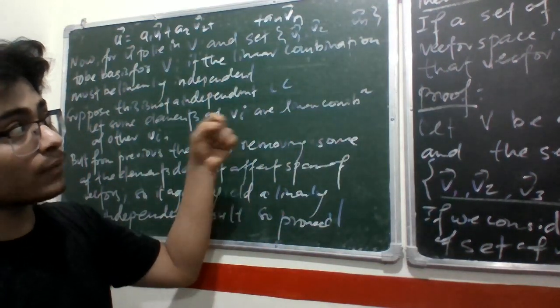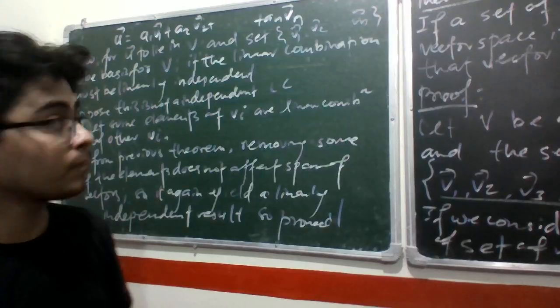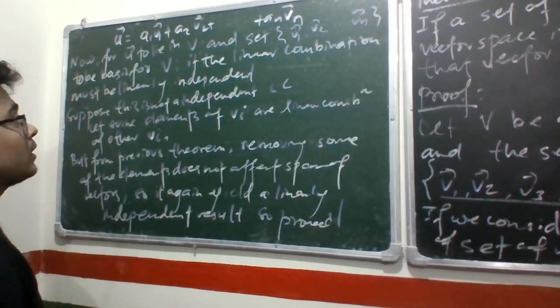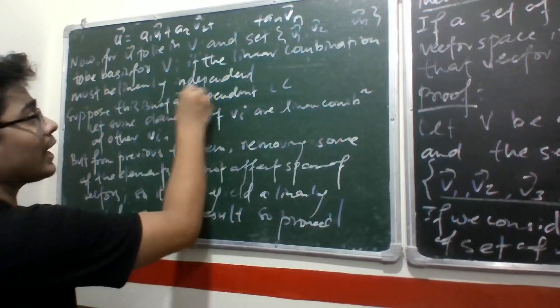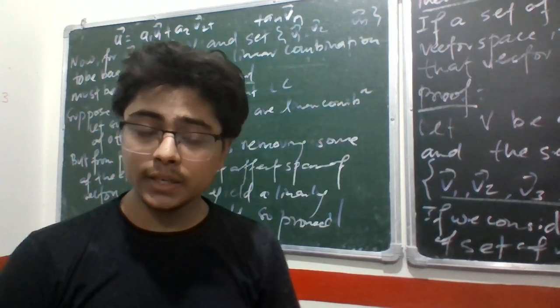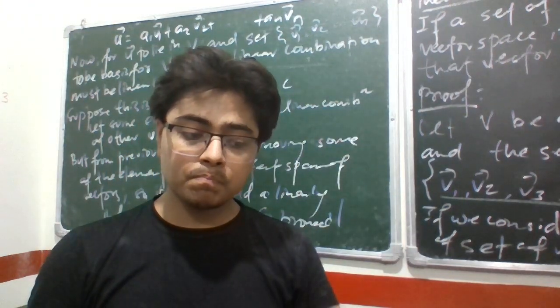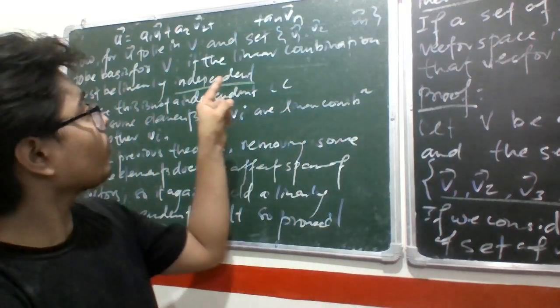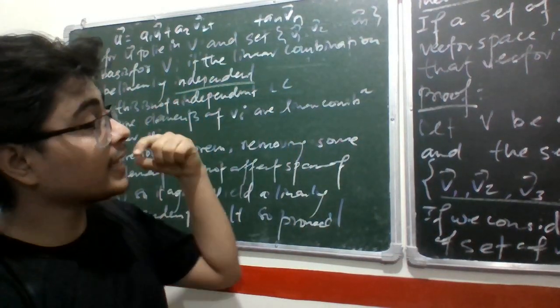So they always have to form an independent linear combination. So we have to show that this set of vectors always forms a linearly independent combination.